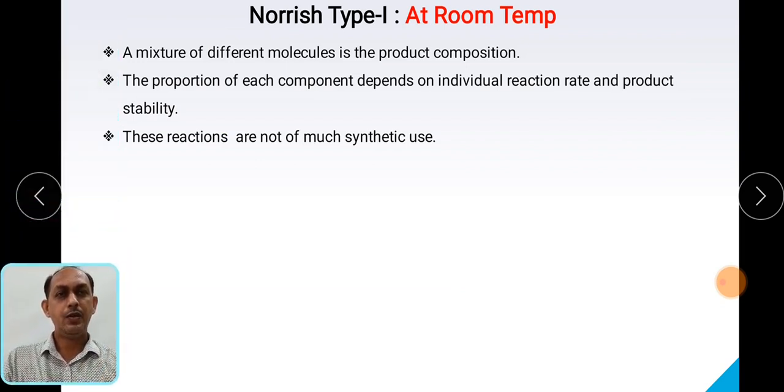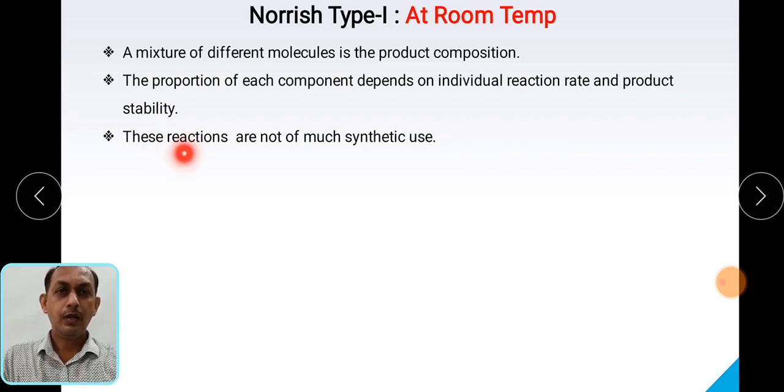So when you carry out the Norrish Type-I reaction at room temperature, we can expect a mixture of different molecules as the product composition. The proportion of each component depends upon the individual reaction rate and product stability. So which product is going to form, or which radical is going to form, depends upon the stability. In the earlier classes we have also seen the stability of free radicals: primary, secondary and tertiary. It is in the same way; the one which is more stable will be formed in the major proportion.